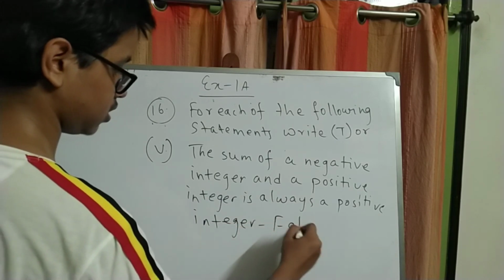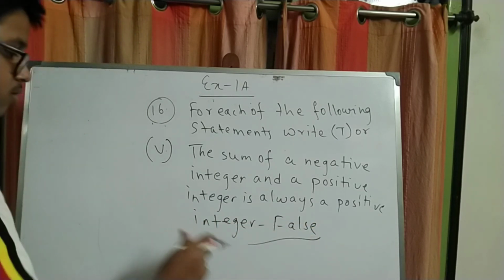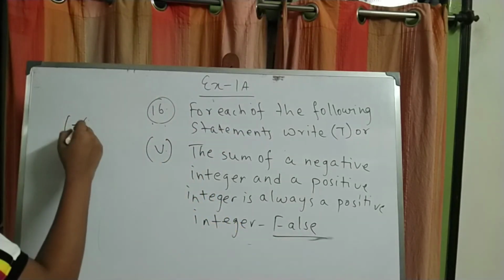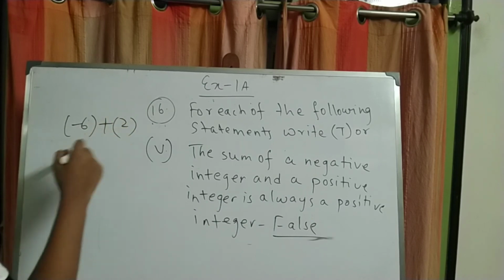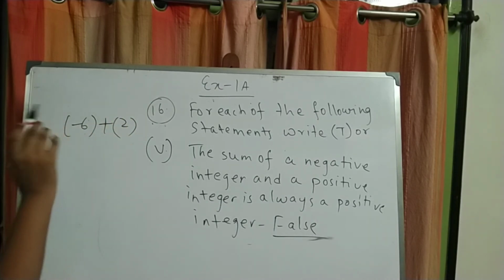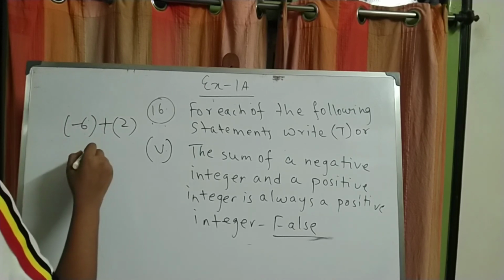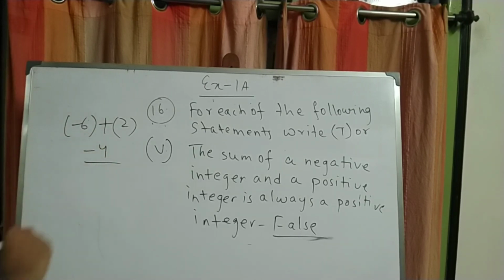This statement is false, because minus 6 plus 2, a negative integer plus a positive integer, will give minus 4. This is the answer. So this statement is false.